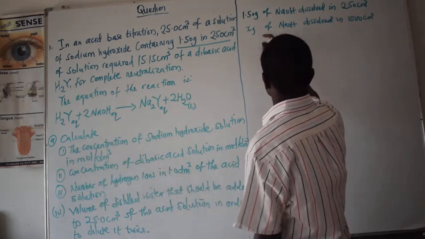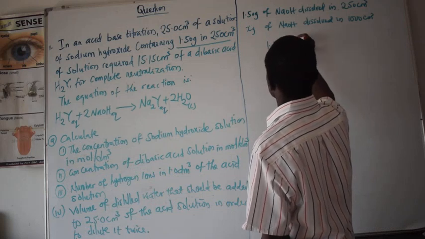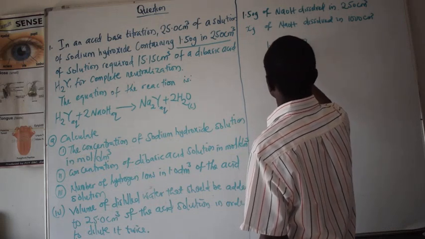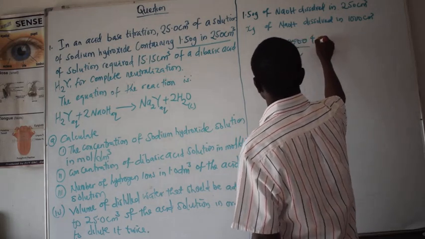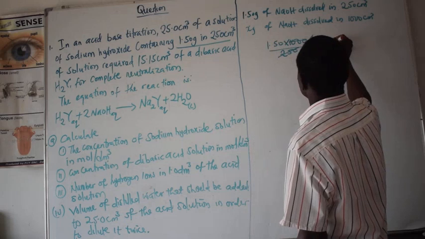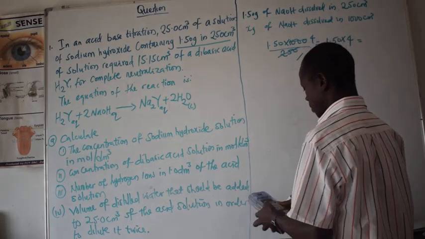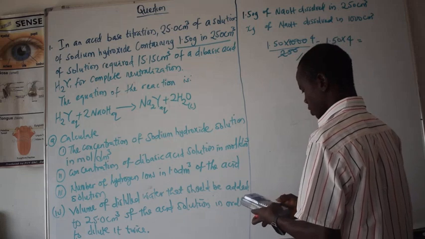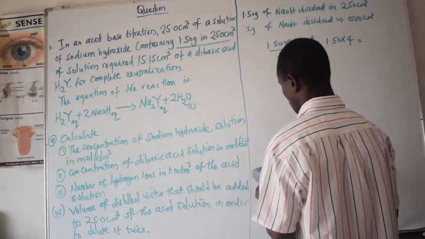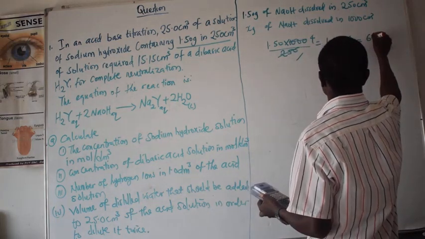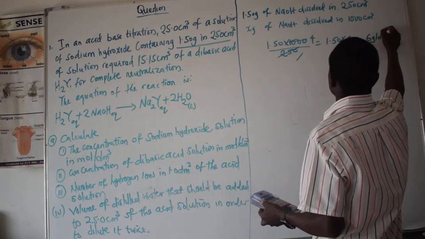When we cross multiply, we have 1.50 times 1000 all over 250. 250 goes into 1000 four times, so we have 1.50 multiplied by 4, which gives us 6 gram per dm³.